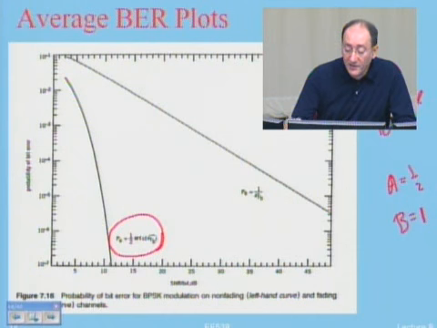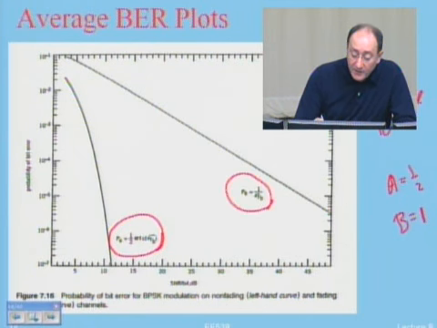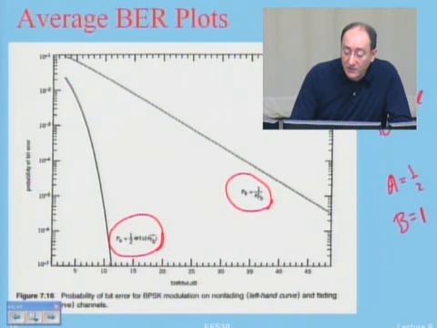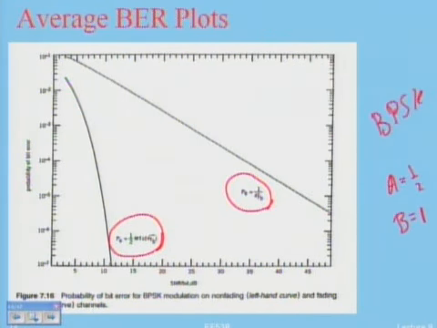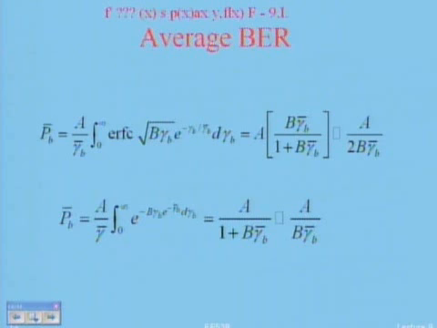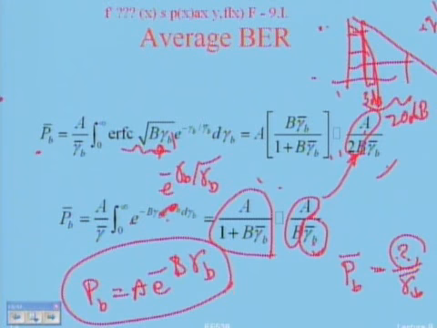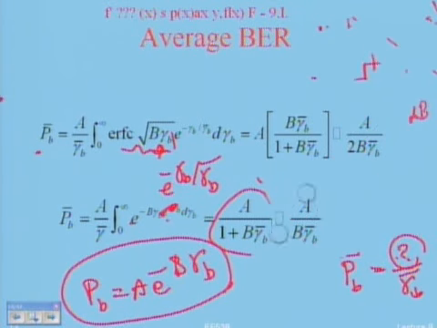If I put those numbers in my calculations, the probability of bit error is going to be 1 over 4 gamma sub b average. Do you follow me? Because the probability of error average was A over B times 2 gamma sub b average, if you remember from the last page. That's coming from here.